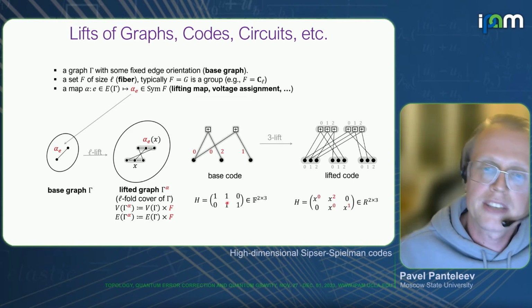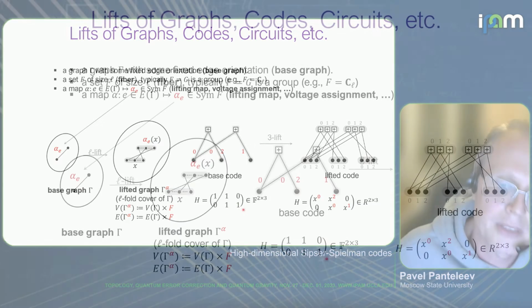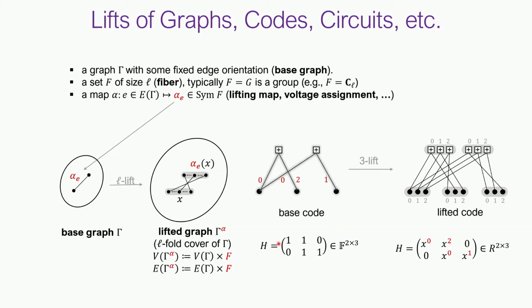And what is important is that if the base code is defined over the field of two elements, the large code can naturally be described by a parity check matrix where entries are from a ring, not from the field. Yes, and this ring is what is called the group ring.